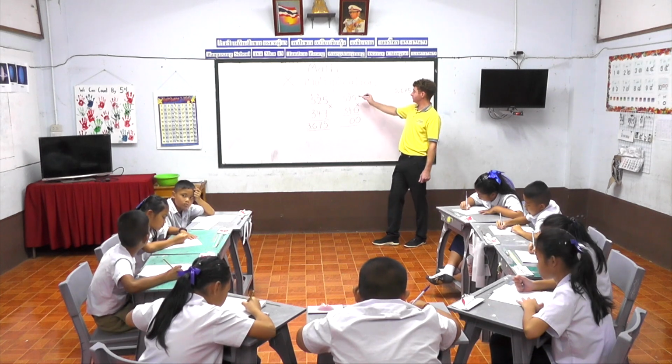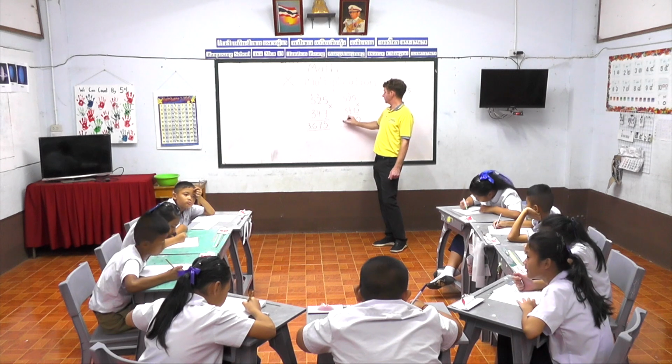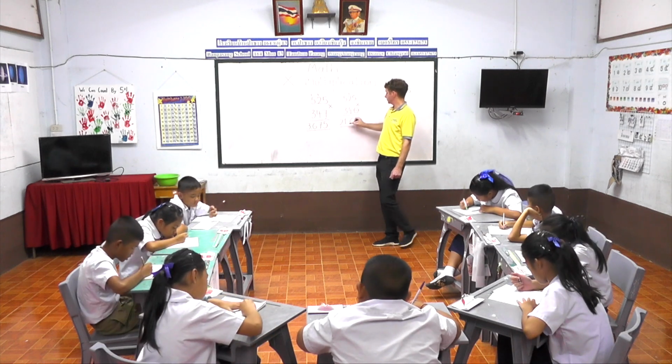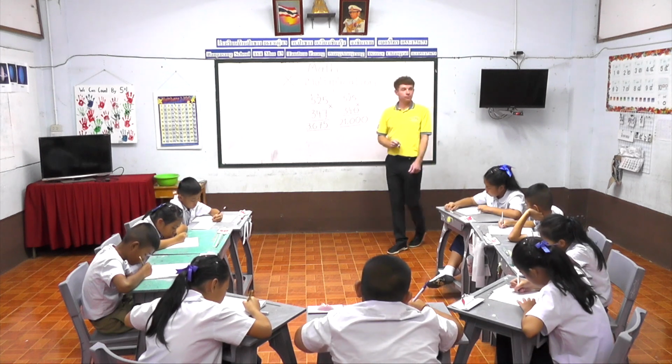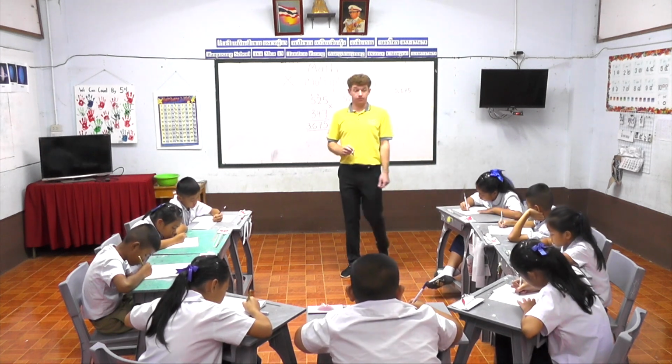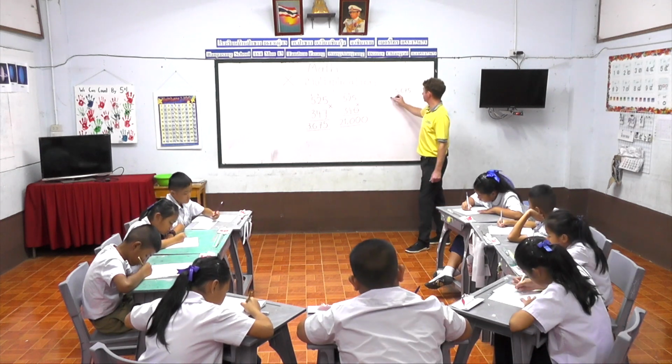And then 4 times 5 equals 20 plus the 1. So that's our answer for number 2.